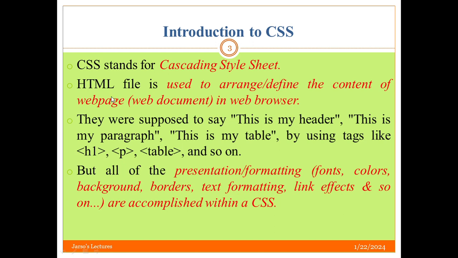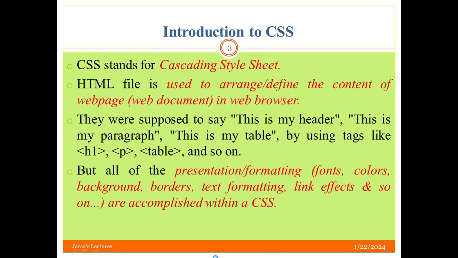But CSS, or cascading style sheet, handles all presentation and formatting, like fonts, colors, background color or background image, border, text formatting, link effect, and many other formatting. That is left for CSS.